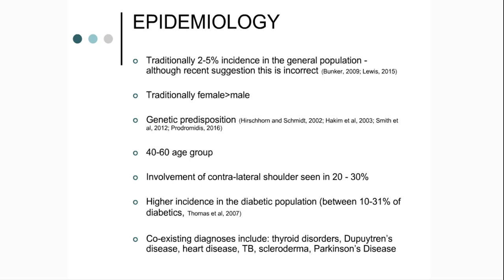I think with Parkinson's, it's probably an alteration of tone that mimics frozen shoulder. So I'm a little bit more alerted to that now, and if people are not quite fitting the characteristics that I'll talk about later, I might start to think about that as a potential.